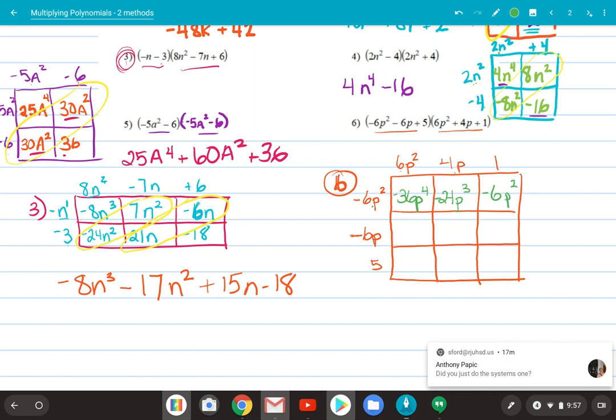Negative 6p times p squared to the cube. Negative 6p times 4p. And negative 6p times 1. And then 5 times 6p squared. 5 times 4p. And 5 times 1 is 5.